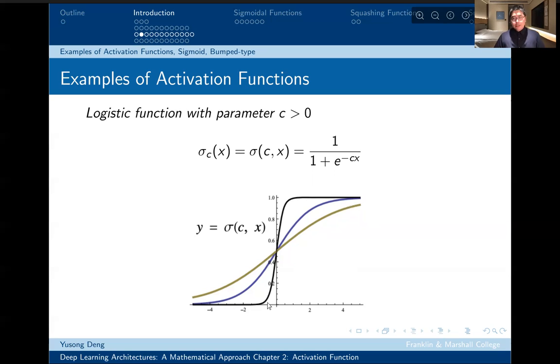You can see this one has a bigger c, so it actually approximates the step function. If you keep increasing c, you will have a really good approximation of the step function. So that is what we said about the logistic function in the former slides.